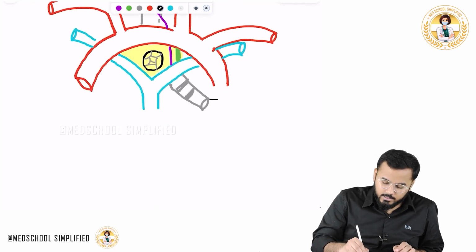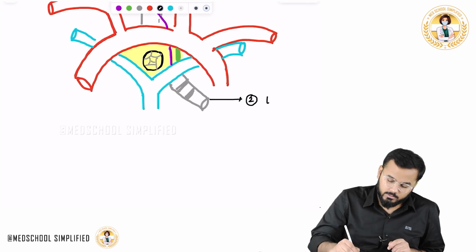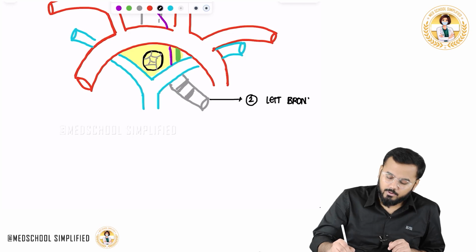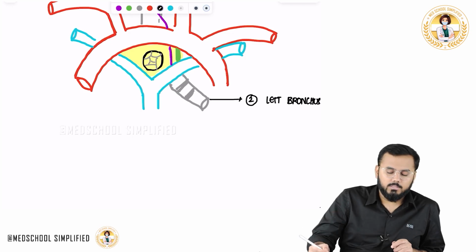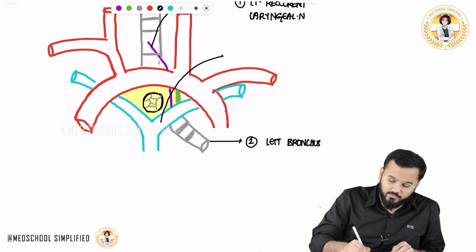And after that, the second one over here is called your left bronchus. And this one over here is called the bifurcation.